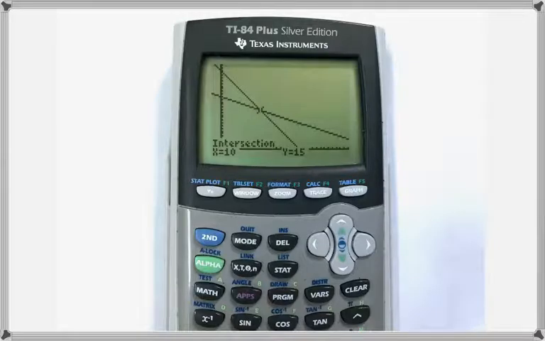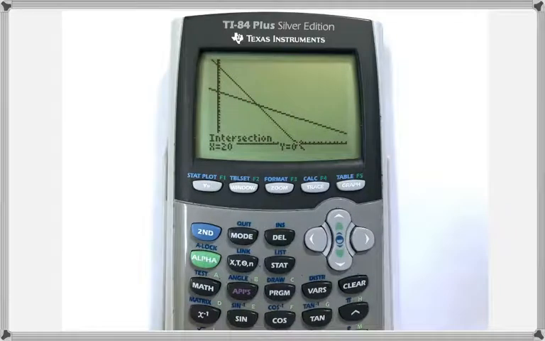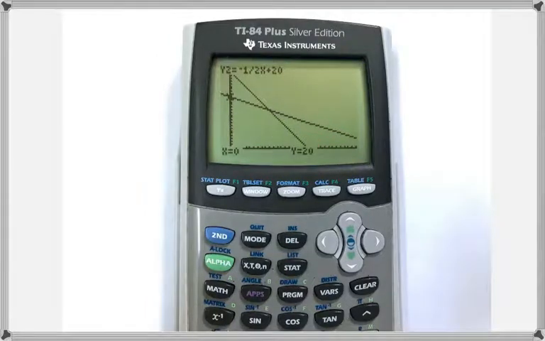So now I'm finding the intersection points on the calculator, and I'm skipping some of my steps here. So if you would like to see how to do all of the steps, like the first curve, second curve, and guess, you can refer back to some of the previous videos which talk about it in detail. But for the sake of this video, I'm just doing the final intersection points. So we have one at (10, 15), one at (20, 0), one at (0, 20).